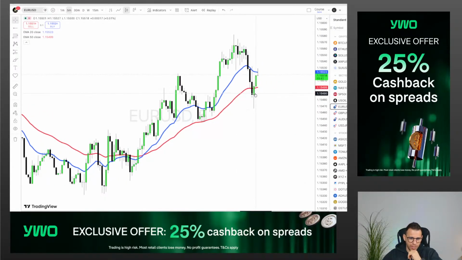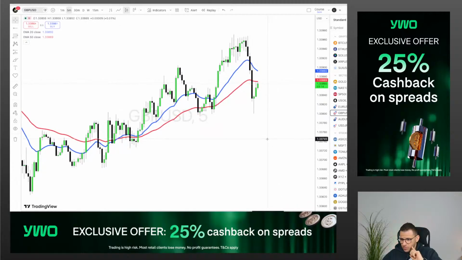We broke and closed below the 50 period on the 5-minute. That's a kind of weak sign. But it's better if you look for trading the Euro US dollar during the New York session.